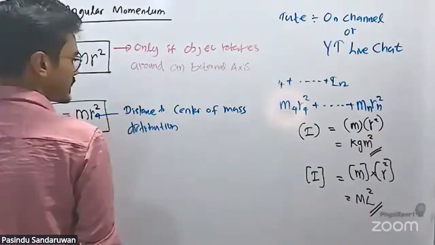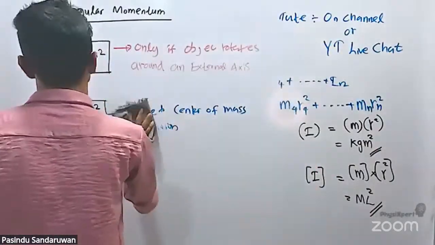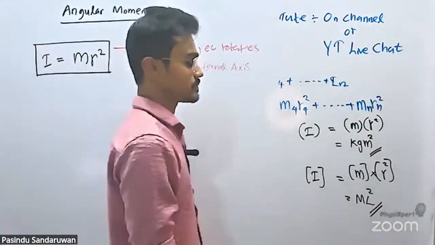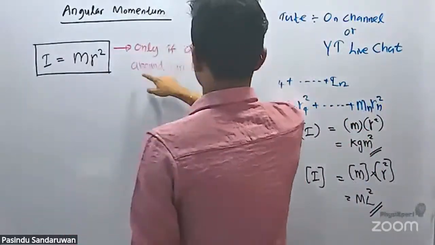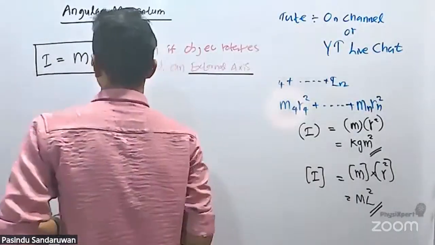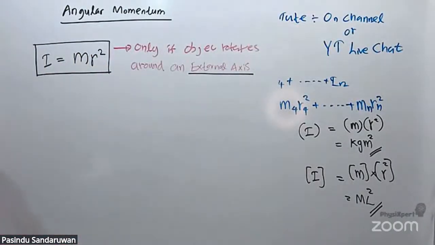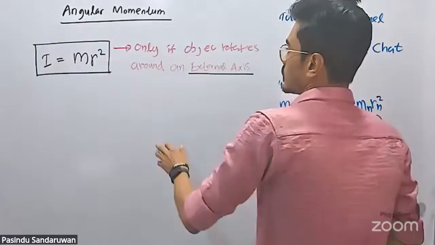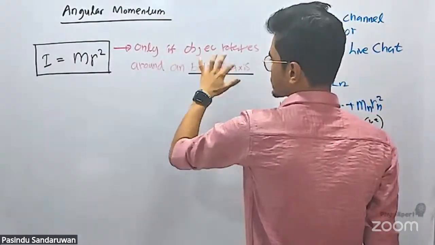So first write this down, only the first one: only if the object rotates around an external axis, and highlight this external axis.